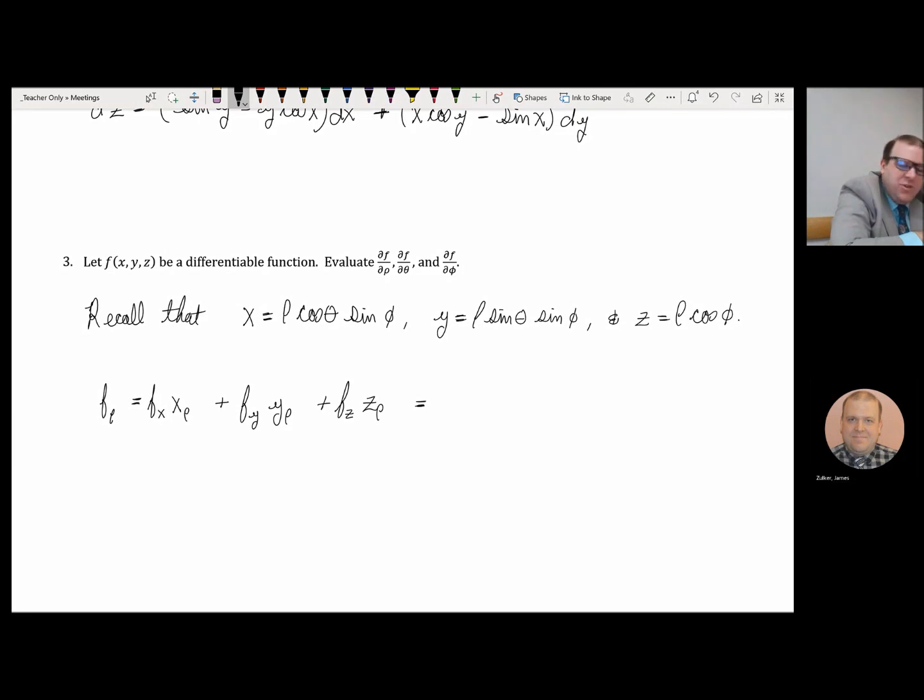Partial of x with respect to rho is what? Right, since f is just some arbitrary function of x, y, and z, it's just f sub x. What about partial of y with respect to rho?